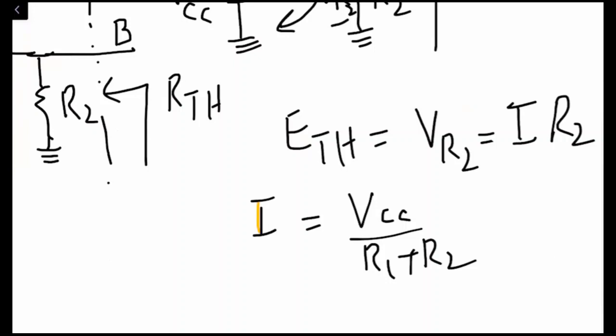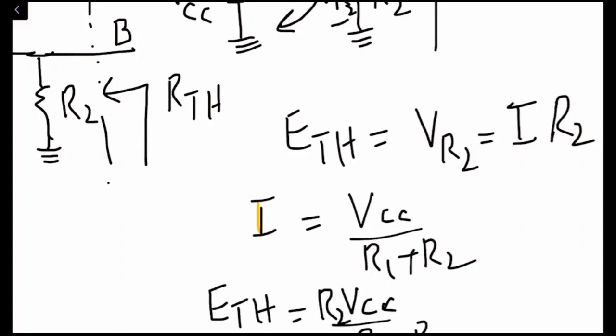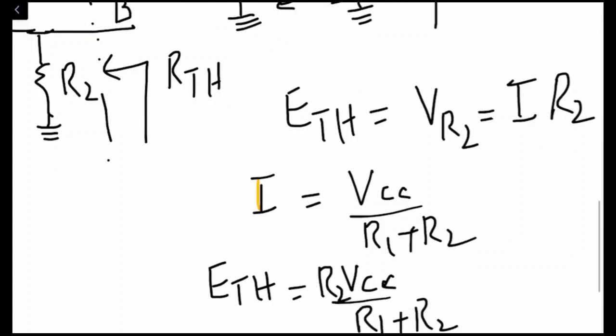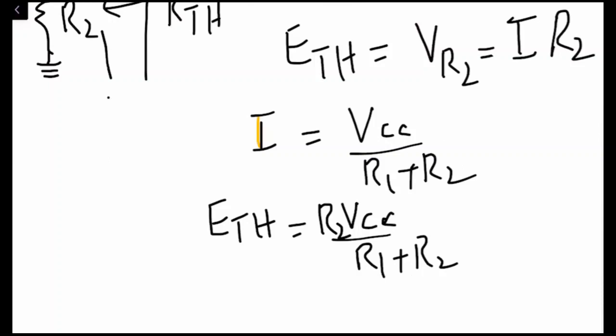So what we can say, ETH should be equal to VCC divided by R1 plus R2 into R2. That is our ETH. Are you with me? Yes, sir. ठीक है जी.